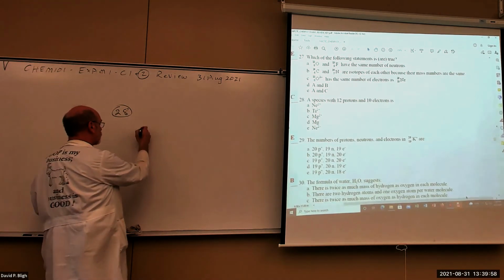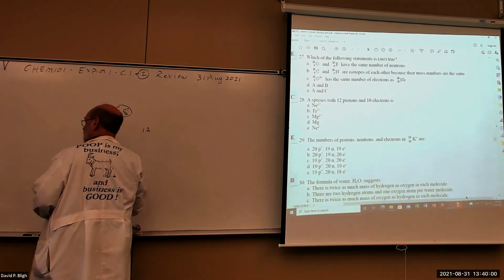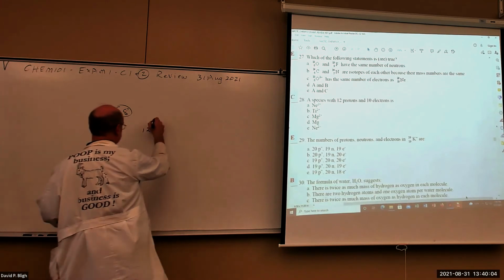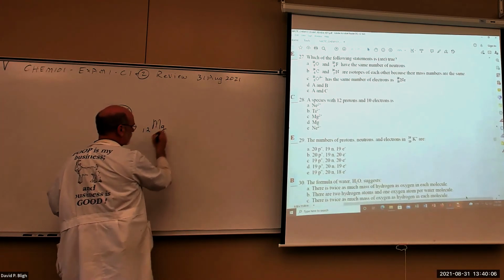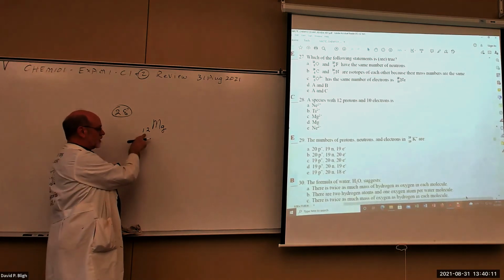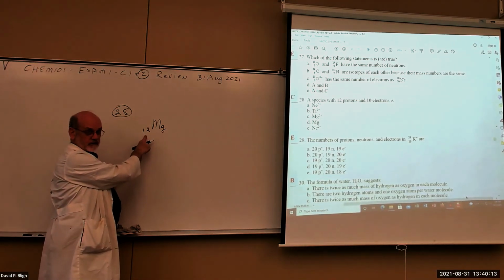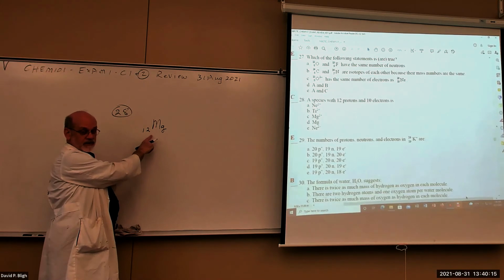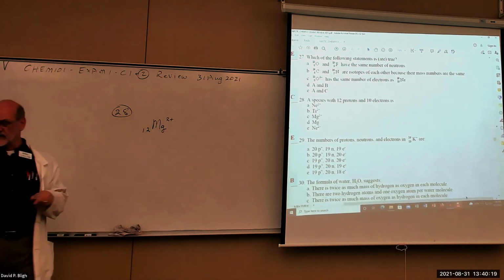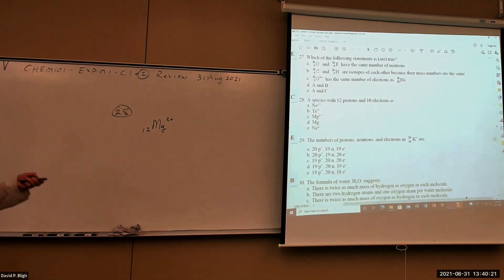If it's got 12 protons, we know the symbol should be magnesium. With 10 electrons, what's the charge? It should have 12 electrons neutral. But if we lost 2 of them, that means we've got an excess of 2 positives. That's the correct symbol for these conditions.